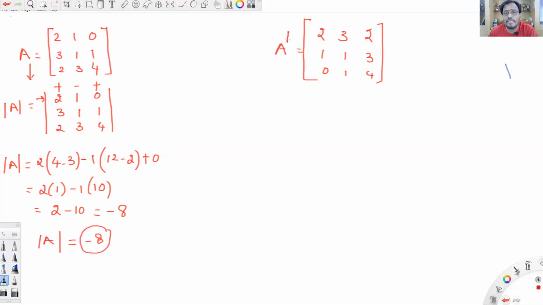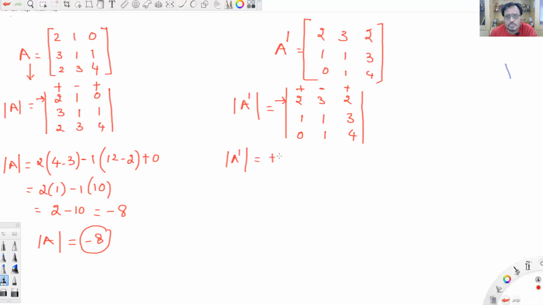Now I'll take the determinant of A transpose. The transpose means interchanging rows and columns of a matrix. So the matrix is 2 3 2, 1 1 3, 0 1 4. Again we expand along the first row, plus minus plus, though of course you can expand using any row or any column.